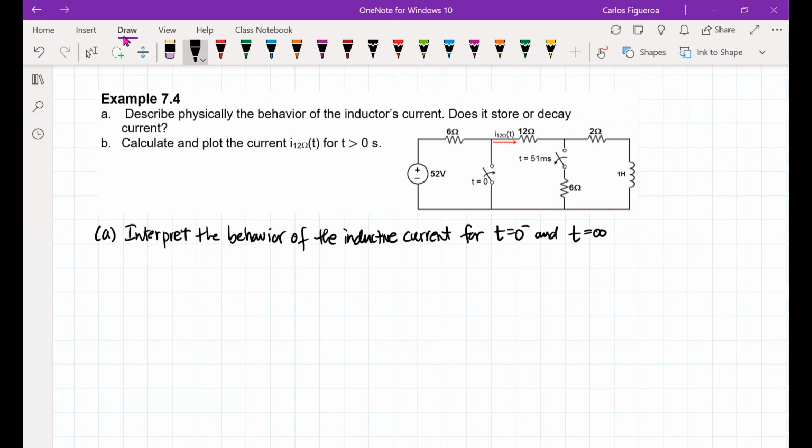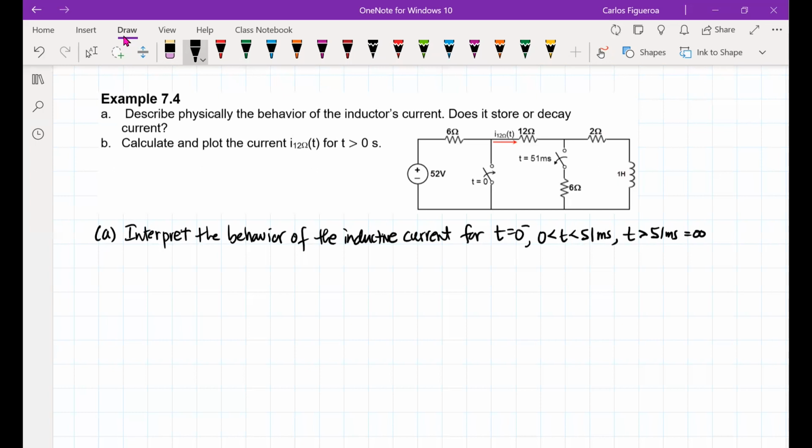Well, actually, it can't be because we have two switches. So it's got to be t equal to 0 minus, between 0 and 51 milliseconds, and then finally, for t greater than 51 milliseconds, which I really mean t infinity.